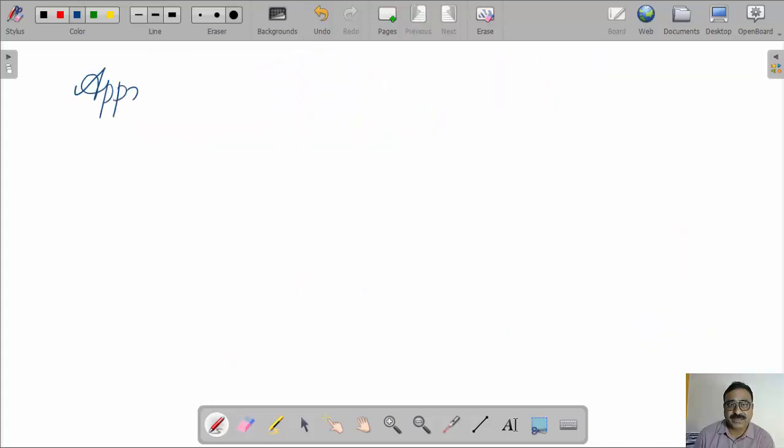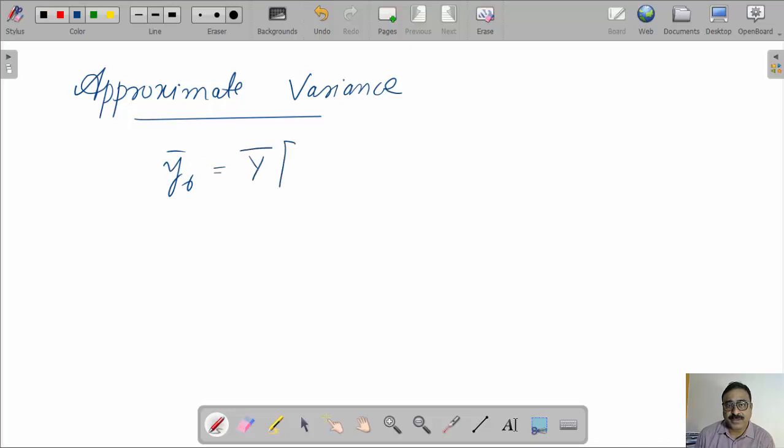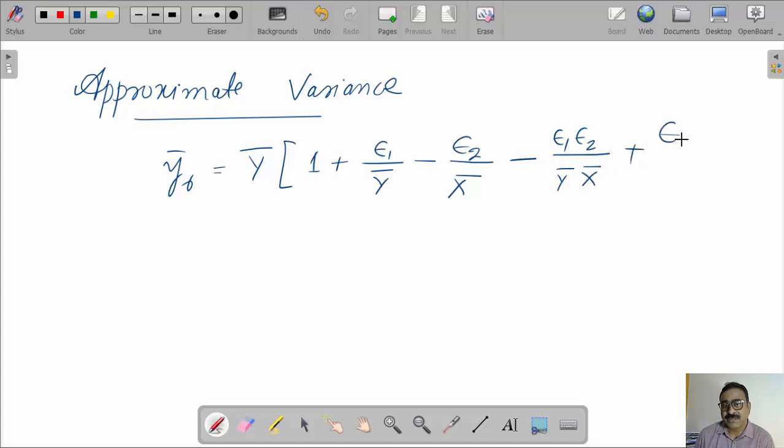Now approximate variance of the ratio estimator. We have y r bar equal to y bar into 1 plus epsilon 1 by y bar minus epsilon 2 by x bar minus epsilon 1 epsilon 2 by y bar x bar plus epsilon 2 square by x bar square plus, and so on.